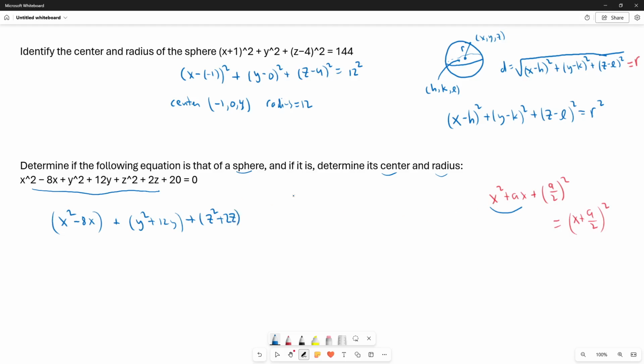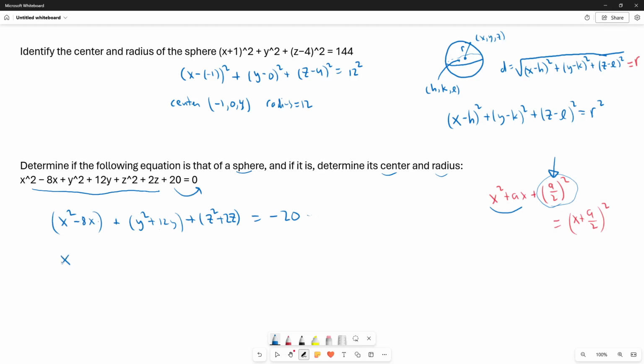Same form again. And we'll put the −20 over to the other side. So for each of these second degree polynomials in the variables x, y, and z, we will add an appropriate constant, and we'll put that constant on both sides of the equation.